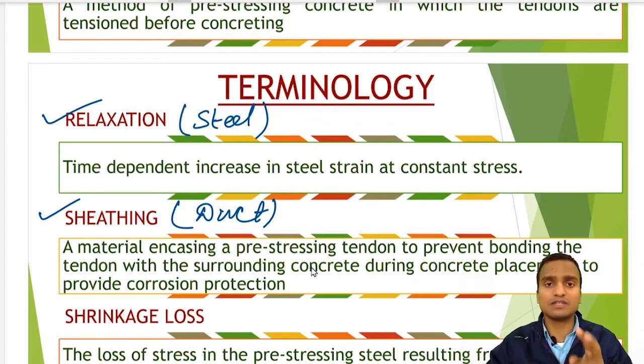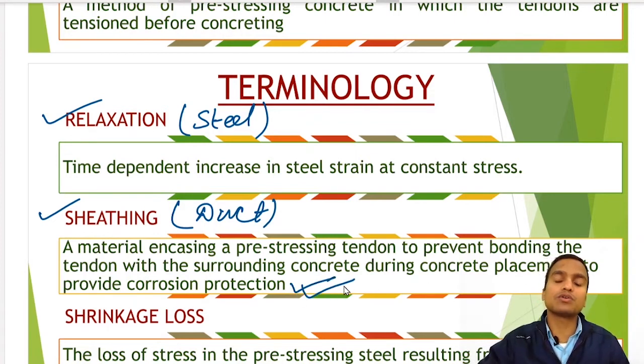And another function of sheathing का ये भी है कि it prevents the bonding of the tendon with the surrounding concrete. If we want non-bonded type PSC, then sheathing is done. And during concrete placement to provide corrosion protection, because in non-bonded we want no corrosion to the tendons, because tendons are the ones which are stretched and they are the only ones responsible for introducing pre-stress in the concrete.